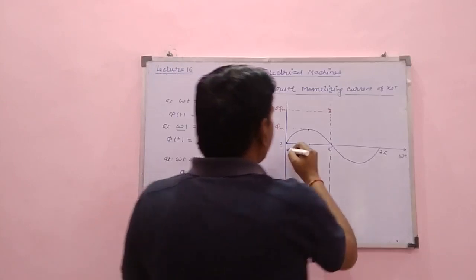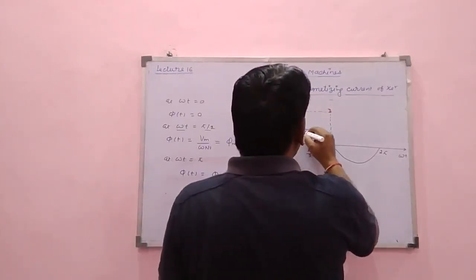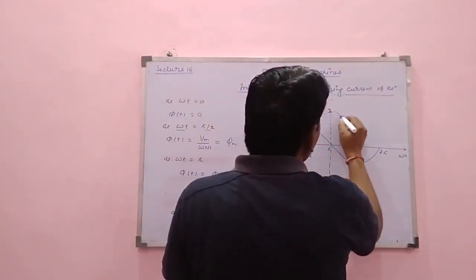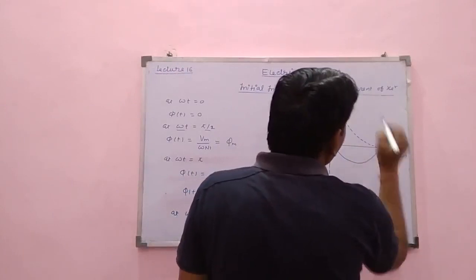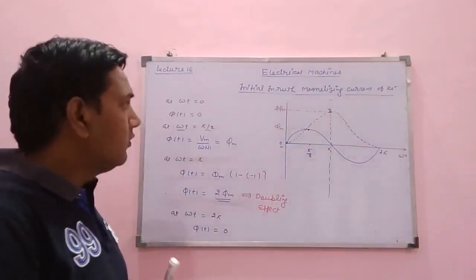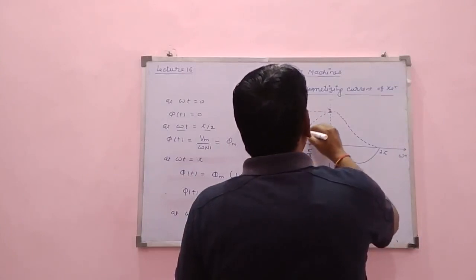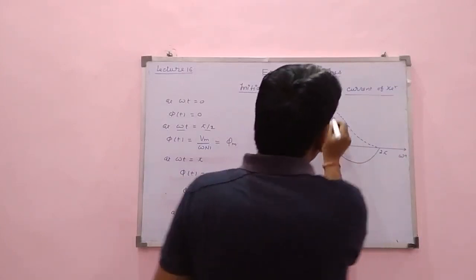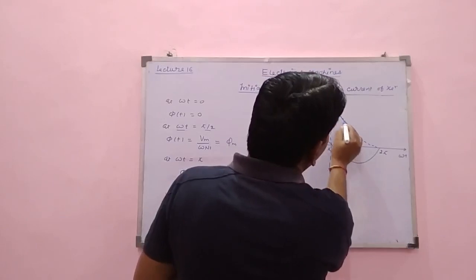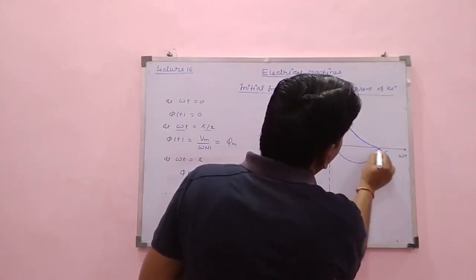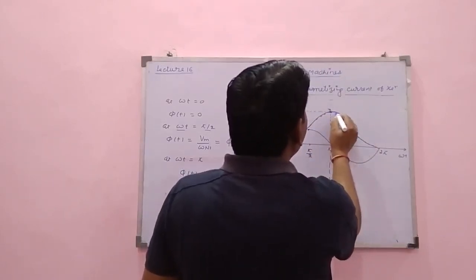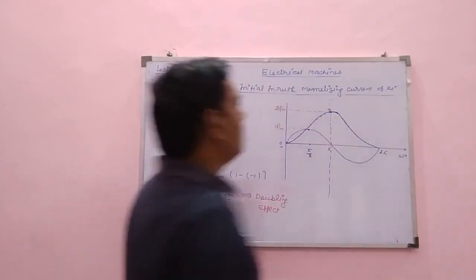So the waveform of the flux will be like that. This is the waveform of flux, and this is the maximum value.